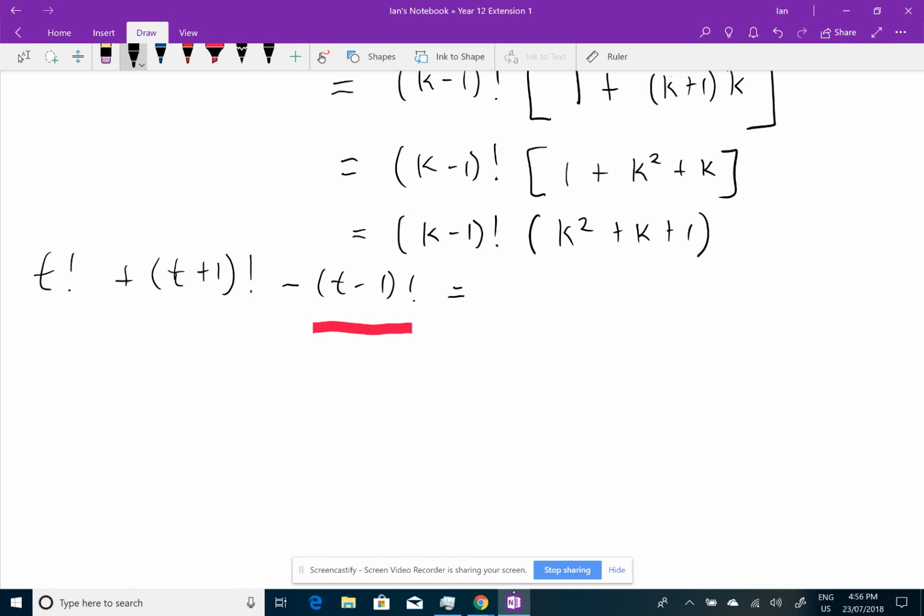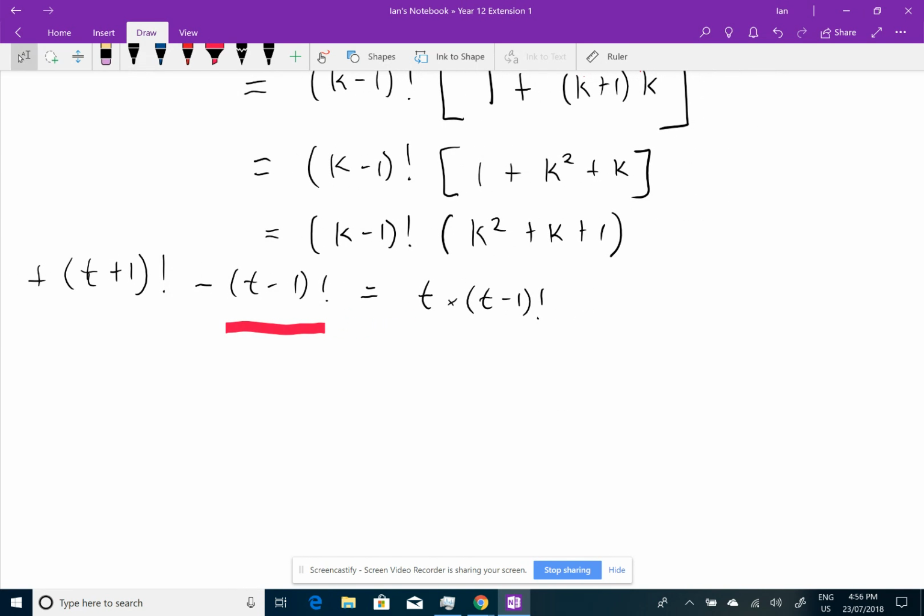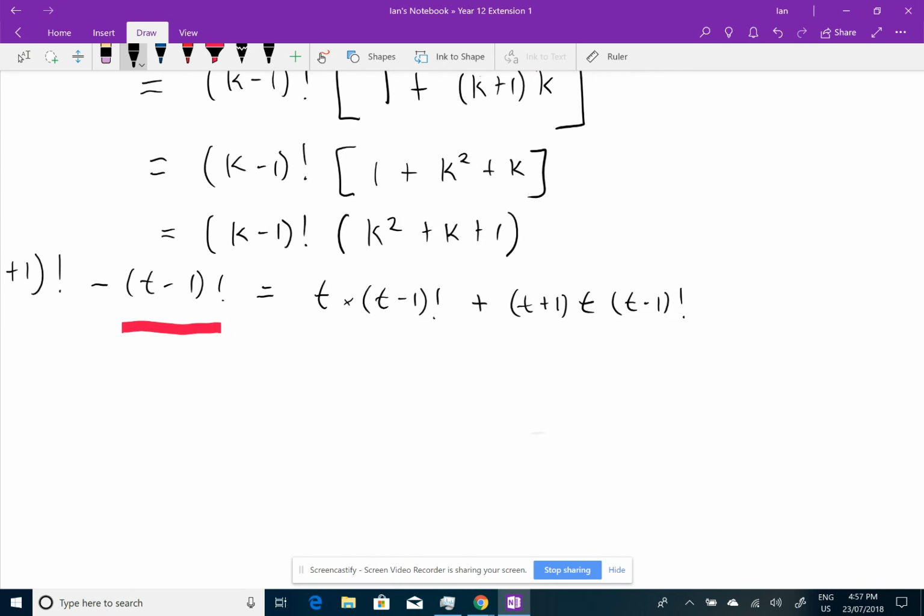So I'm going to try and write them all as something times t minus 1. Well, t factorial is t times t minus 1 factorial. Just take one off. T plus 1 factorial, well, that's t plus 1 times t minus 1 factorial. So write the first three terms.